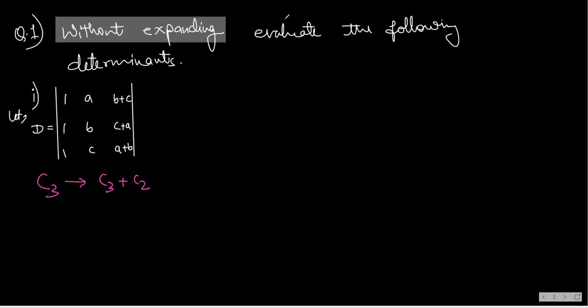Students, I observed something which I want to share with you. In the first row, here I have A, but here I don't have A, I have B plus C. Then here I have B and this is C plus A. Here I don't have C, I have A plus B. So I obtained a pattern in these elements and I'm going to make use of it.